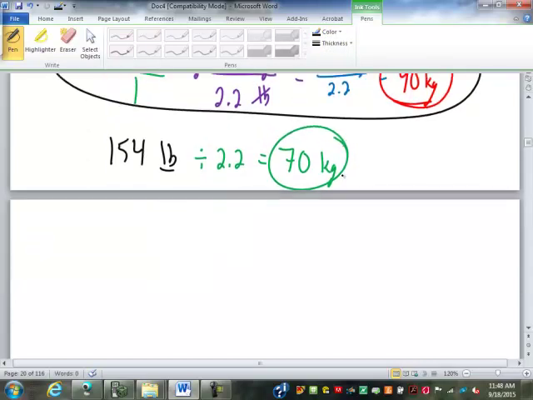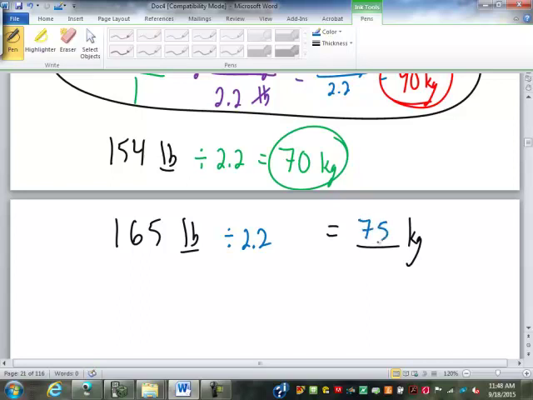You have a patient that comes in at 165 pounds. How many kilograms are they going to be? What's it come out to be? 75? 75 kilograms.